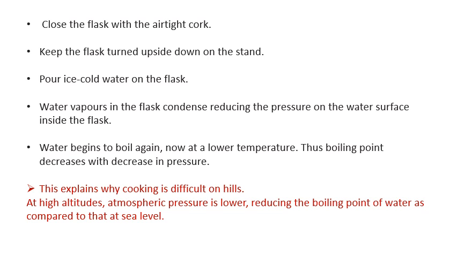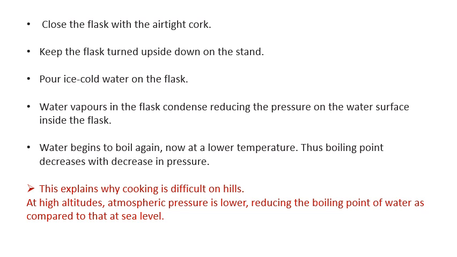Pour ice cold water on the flask. Water vapors in the flask condense, reducing the pressure on the water surface inside the flask. And water begins to boil again, and now at a lower temperature. Thus you observe that the boiling point decreases with decrease in pressure.